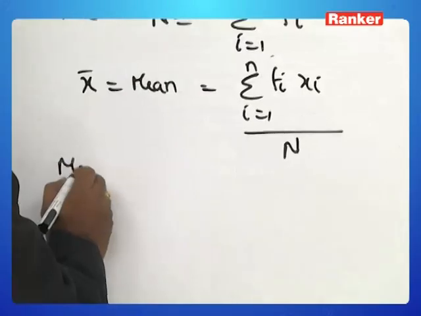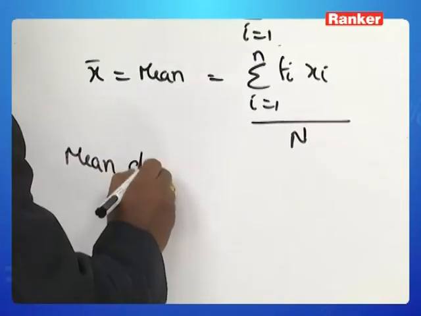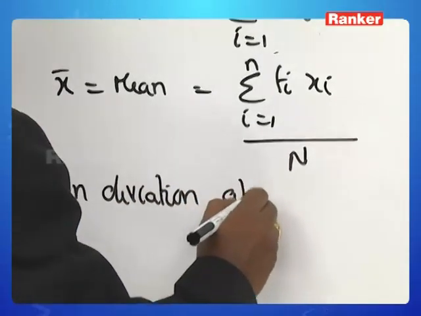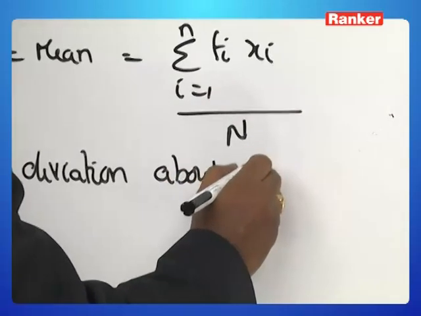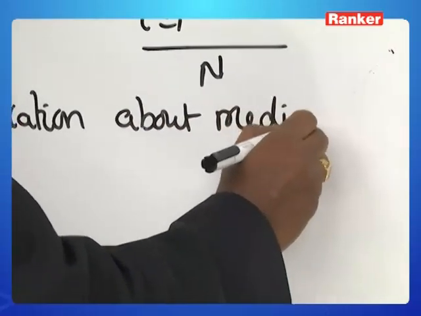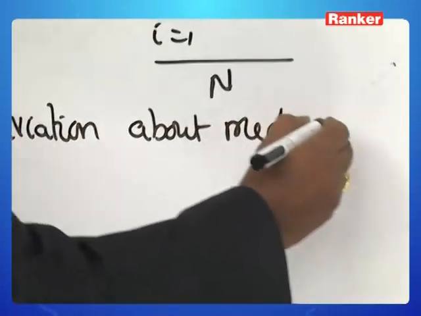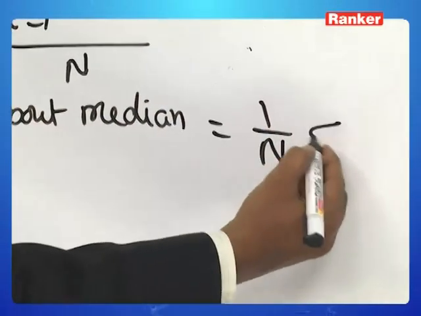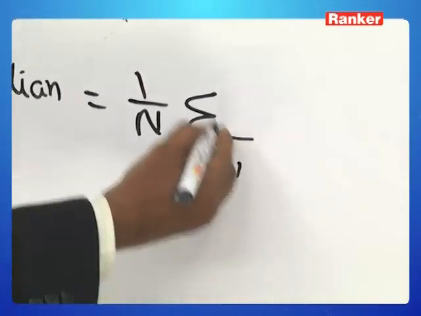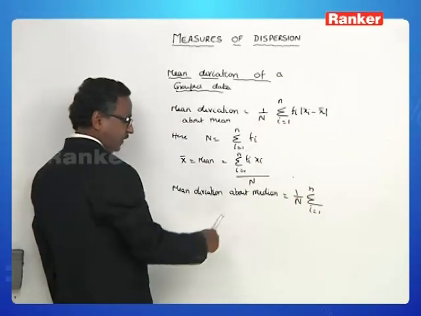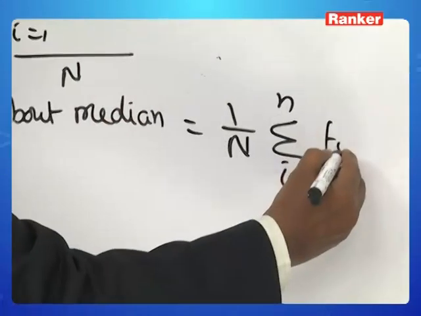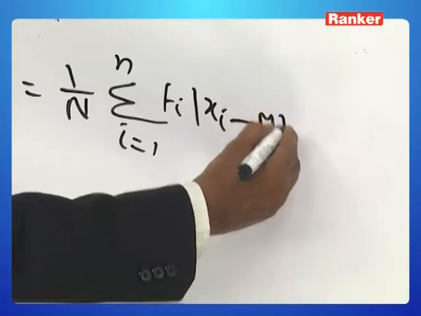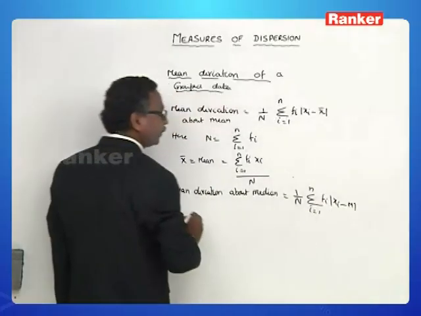Now, mean deviation about median. Mean deviation about median is given by 1 by n into sigma i runs from 1 to n fi multiplied by modulus of xi minus m.